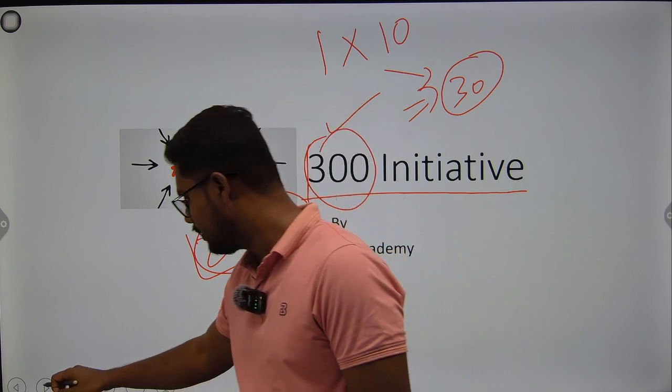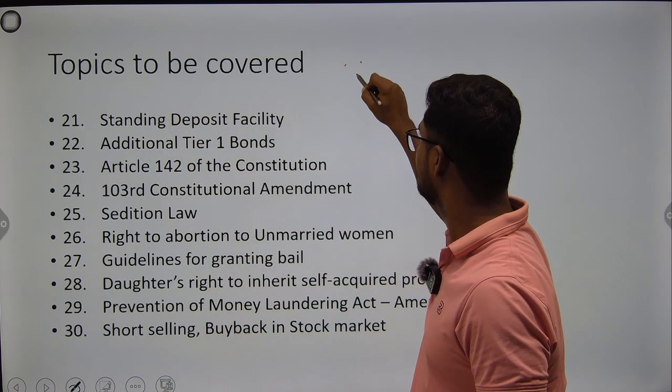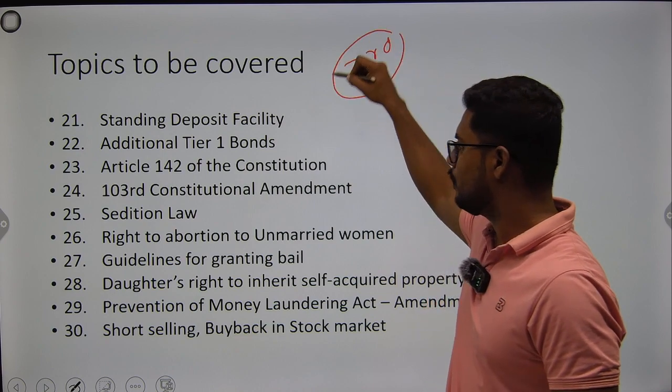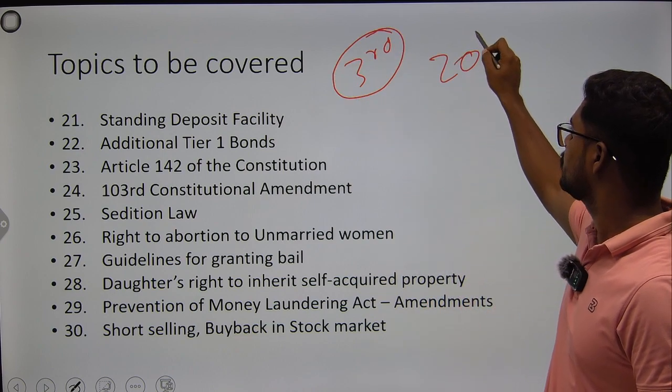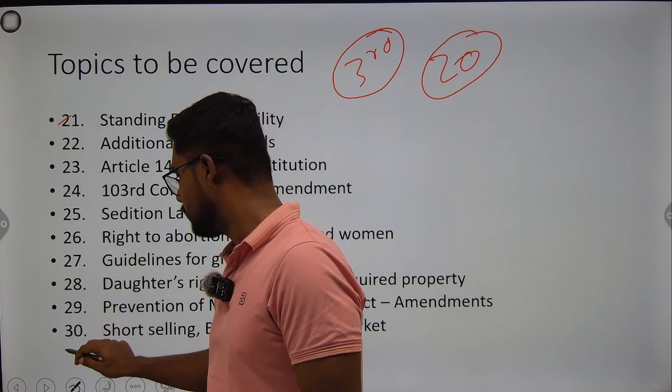With that being said, let us not waste much time and straight away begin with our third class. In previous two classes, I have already covered 20 most important topics. So today we shall cover 21 to 30.